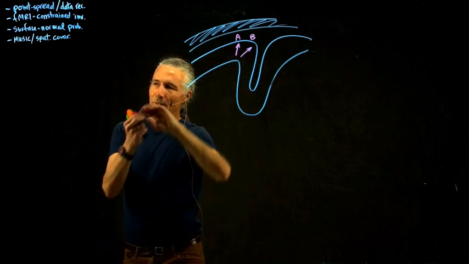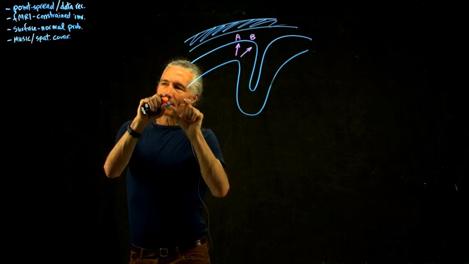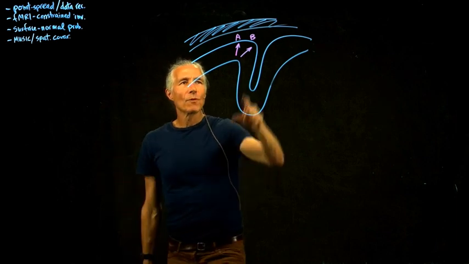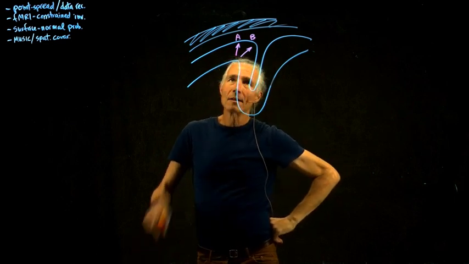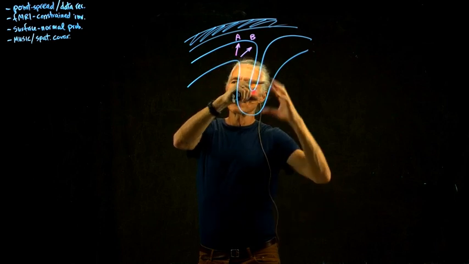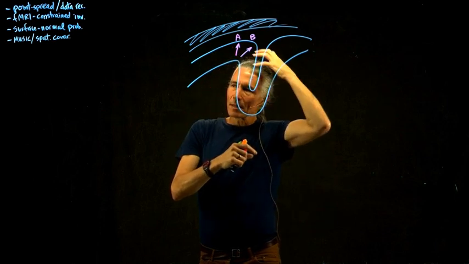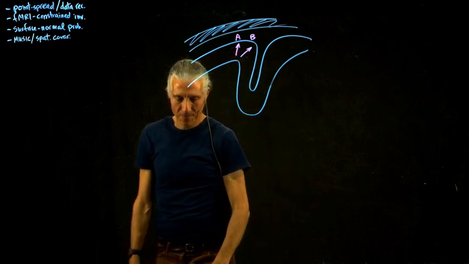If you're on a gyrus and you go just a couple millimeters, and now you're pointed in a different direction, the forward solutions of these two are extremely different. So this one is extremely easy to tell apart from this one. It's going to create a completely different spatial pattern on the scalp.